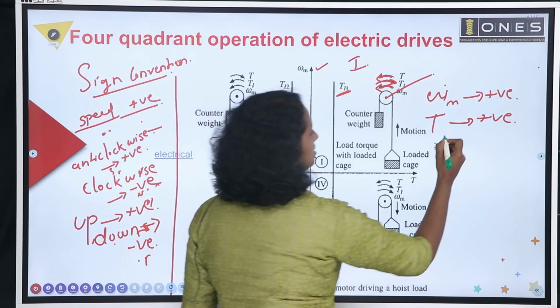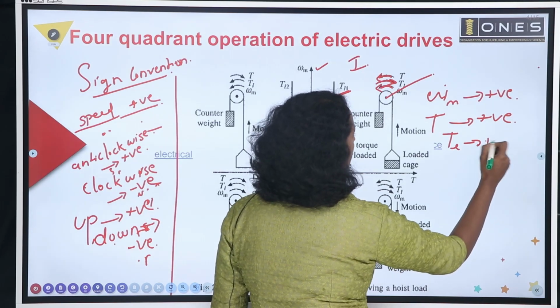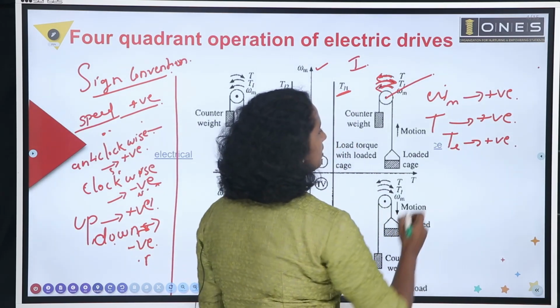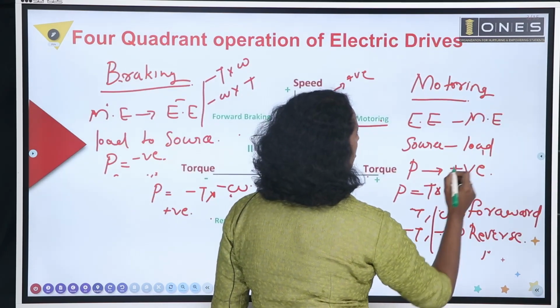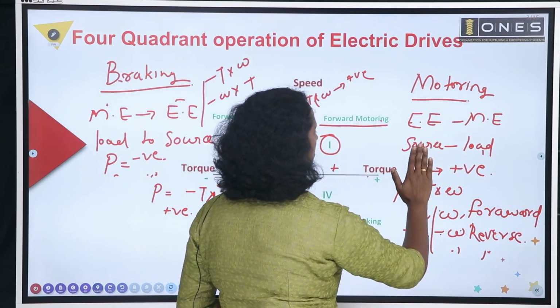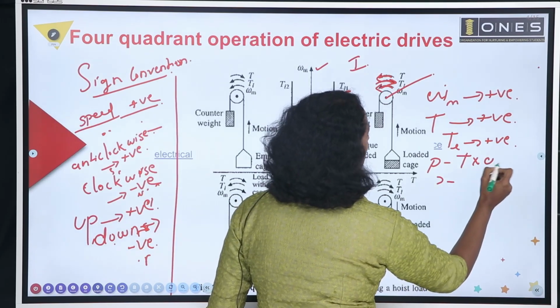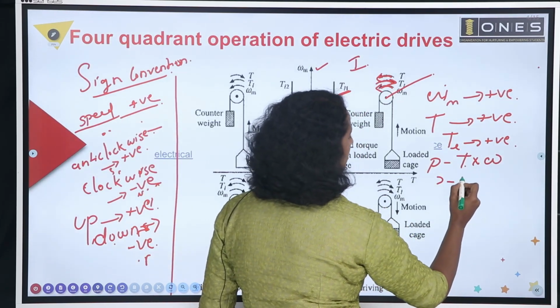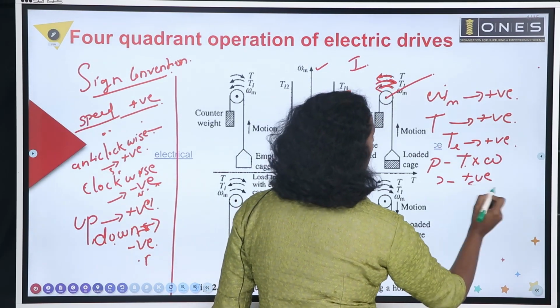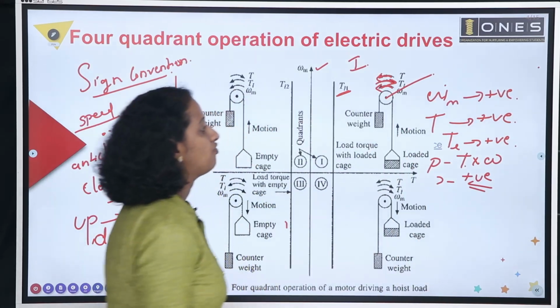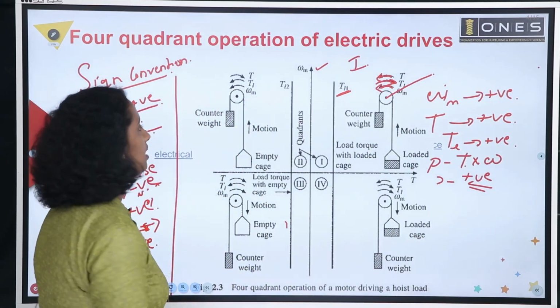Okay, that is TL is positive. Then what about the power? Power is torque into omega. Both of them are positive, that's why power is also positive. So this mode is known as forward motoring mode.